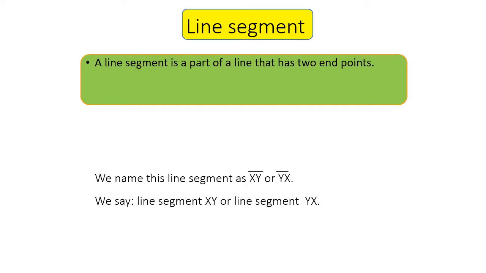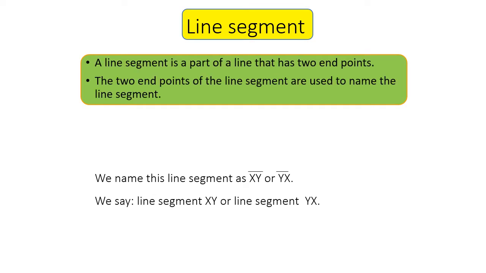A line segment is a part of a line. We just discussed that a line has infinite length, meaning in both directions it goes up to infinity, so it doesn't have any endpoints, right? But if I have a segment of a line, it will have two endpoints. The two endpoints of the line segment are used to represent the name of that line segment.